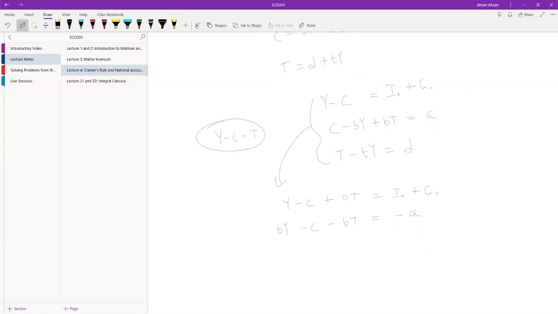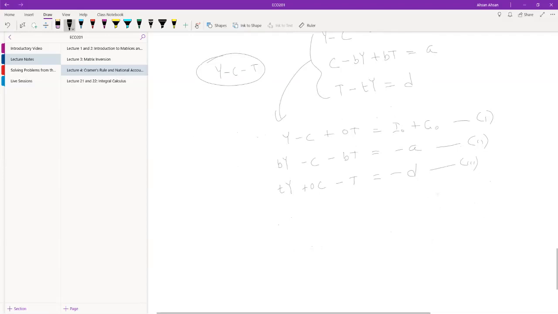And the third equation: we do not have y, we have t. So plus 0c, we do not have C here, minus 1t equals minus d. So this is our equation 1, equation 2, and equation 3.